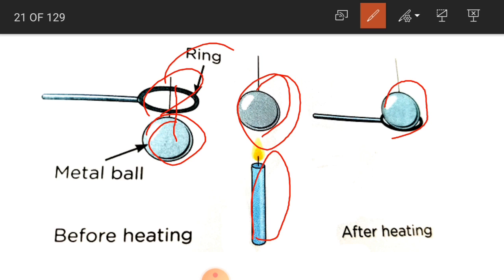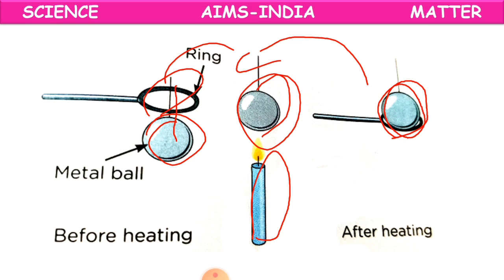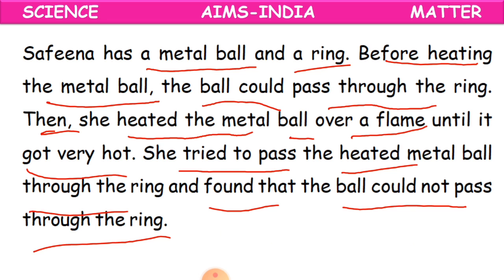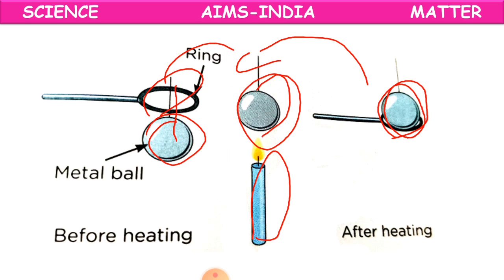The ball has expanded because it was a metal ball, and now it is not able to enter this ring. Why, children? Because this substance has expanded.